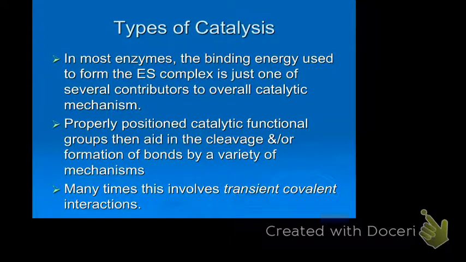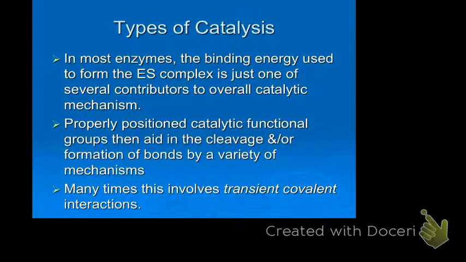And so we have different types of catalysis. Many enzymes use what they call binding energy in order to form the Michaelis complex, but that's not the only way, okay? You can also have a functional group that's going to be the nucleophile that does the attacking, or you can even have metal ions or metal activated water ions available to do the attacking, already positioned in the right location inside the enzyme's binding site.